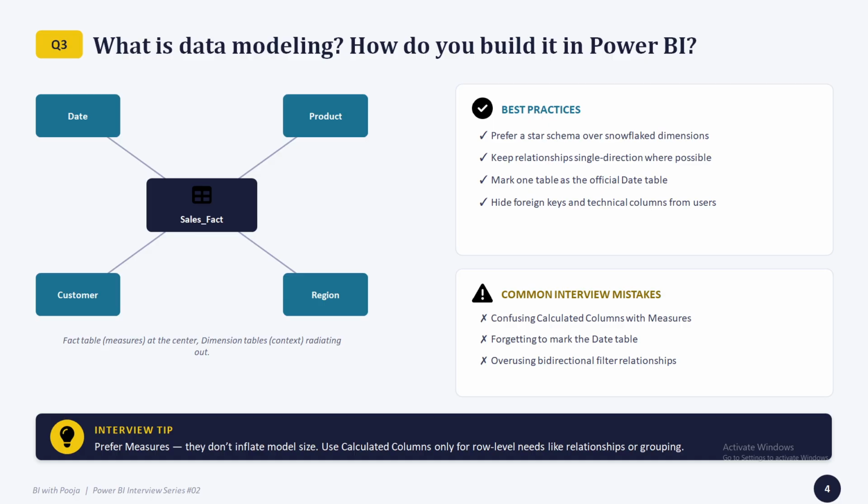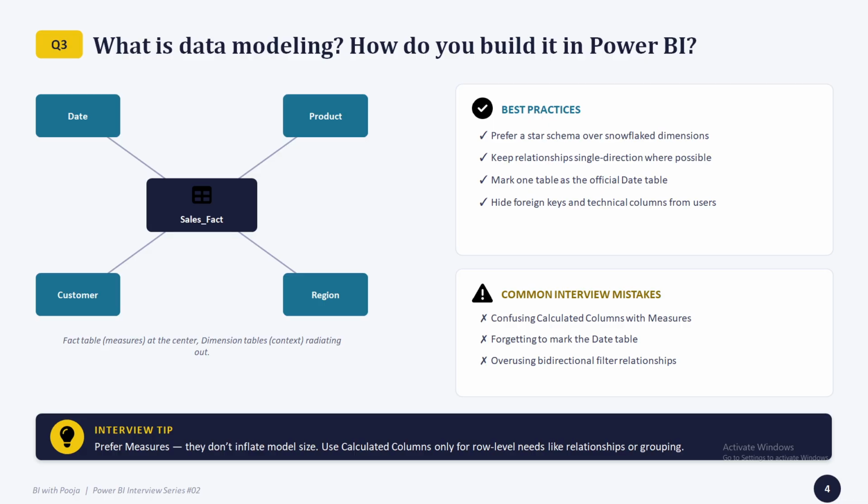Then I have product, region, customer, and date tables. So I need to create relationships between these tables. Like, the customer table may have the customer ID, the product table may have the product ID, and the date table may have date columns like order date and ship date. Once these relationships are created, Power BI can fetch the correct data from each table and display accurate results in a report.